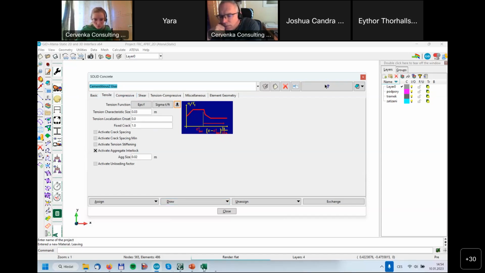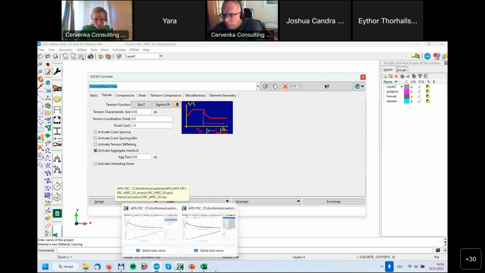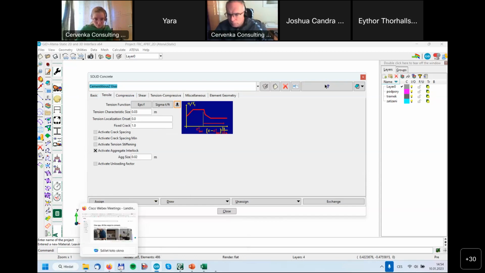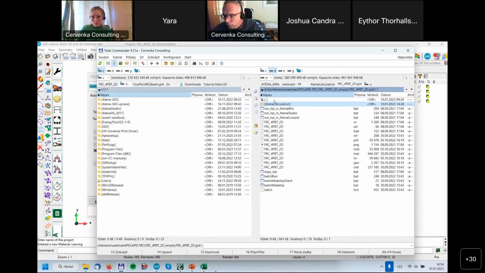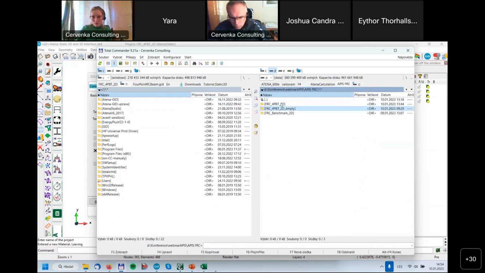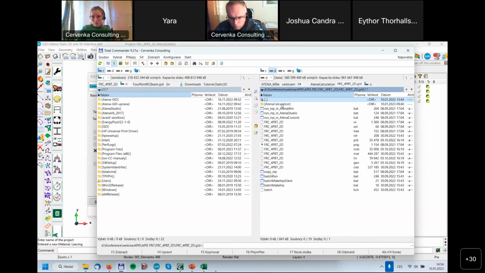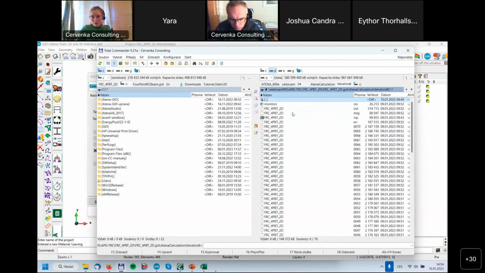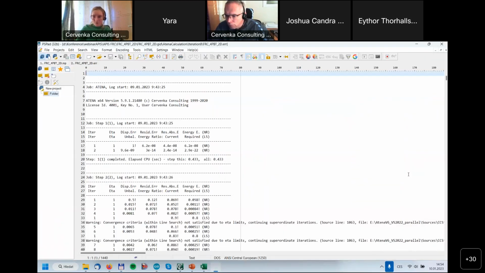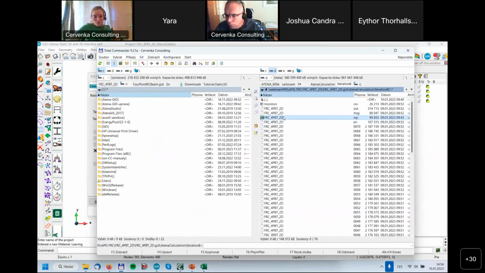And I also wanted to show you something that I forgot: when you want to use some iteration that you are satisfied with, you always go to the INP file. You find the function. This is the INP file.